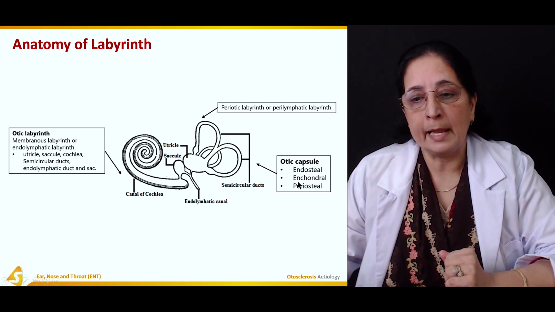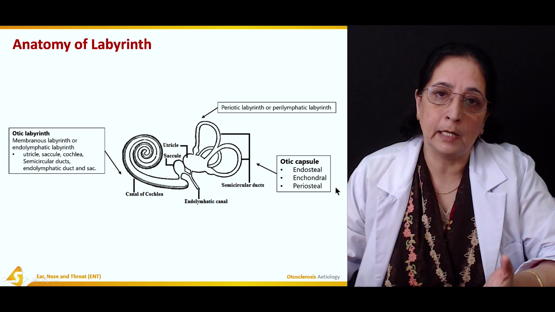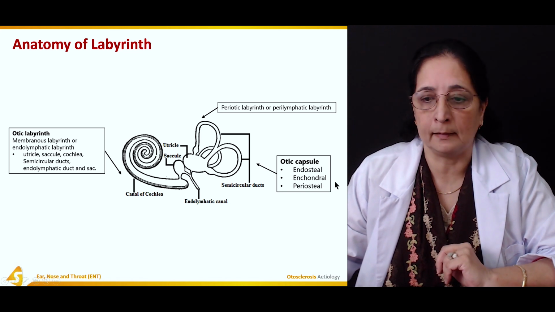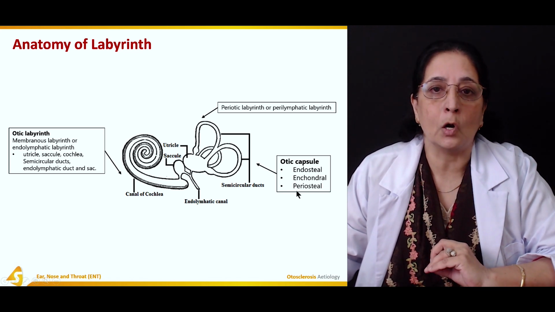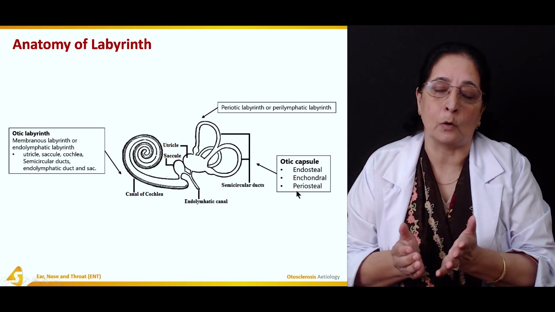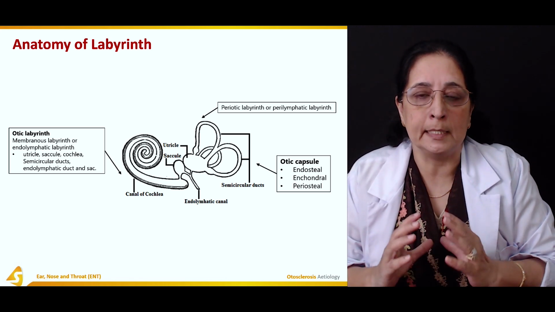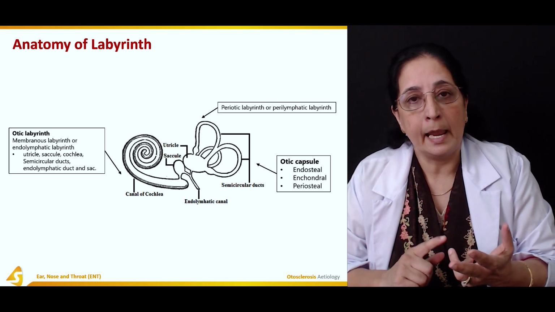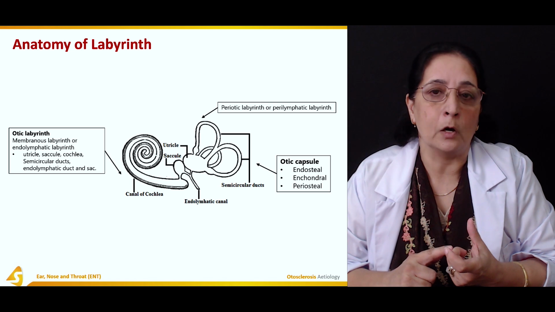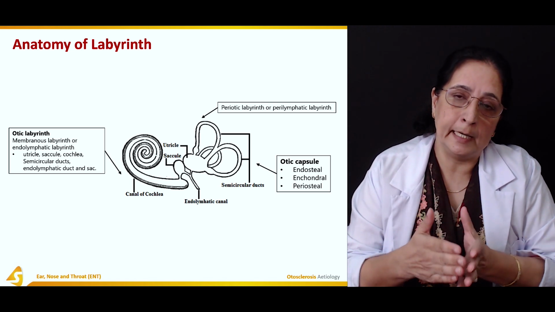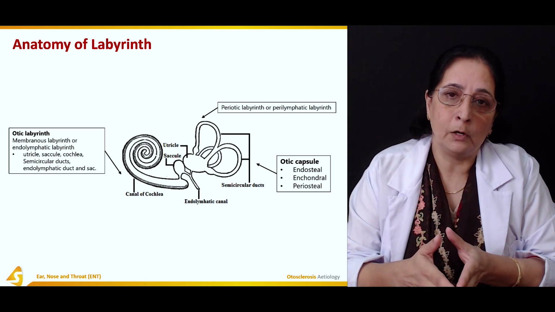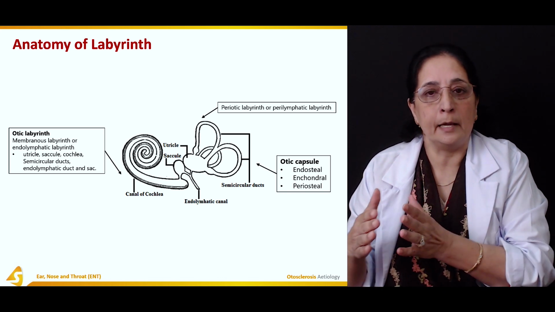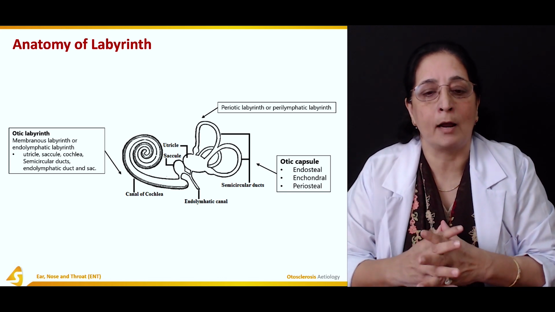Then we have the enchondral layer, from the cartilage, and then we have the periosteal layer. Peri is around. So your bony labyrinth is made up of 3 layers: endosteal, enchondral, and periosteal. Endosteal is the innermost, enchondral is in the middle, and then periosteal is around.